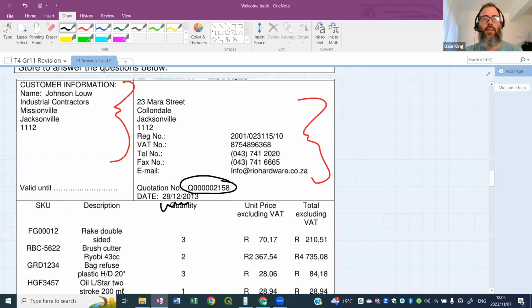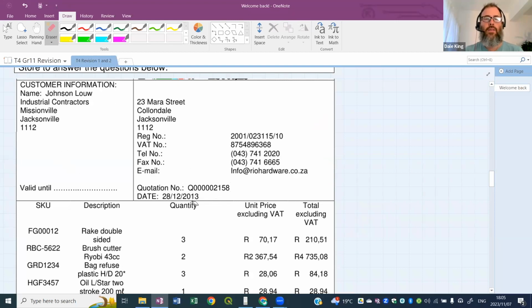And here is the date of the quotation. All right. Again, they can ask all kinds of questions about this. And if they do, you're happy because those are free marks, cheap marks, if they ask you about those blocks of information there. But let's have a look at the items.